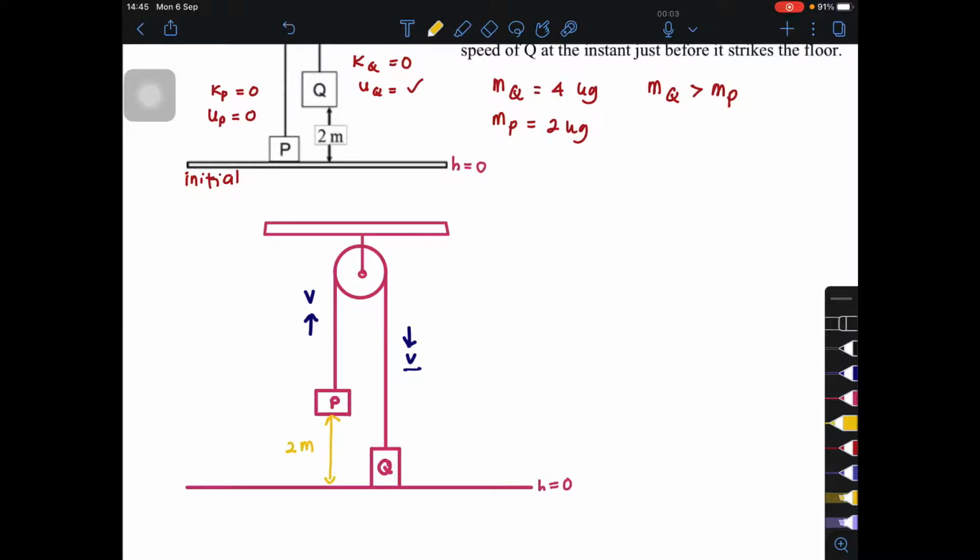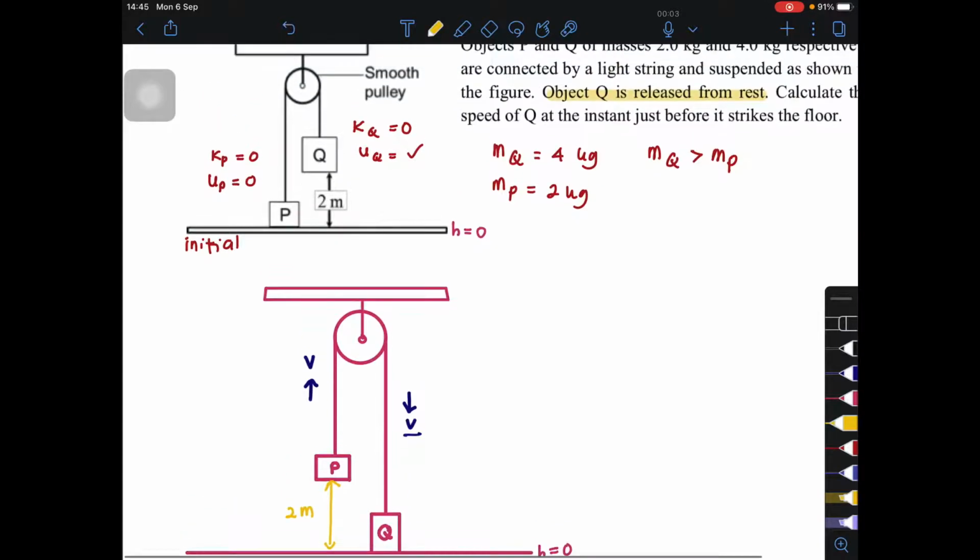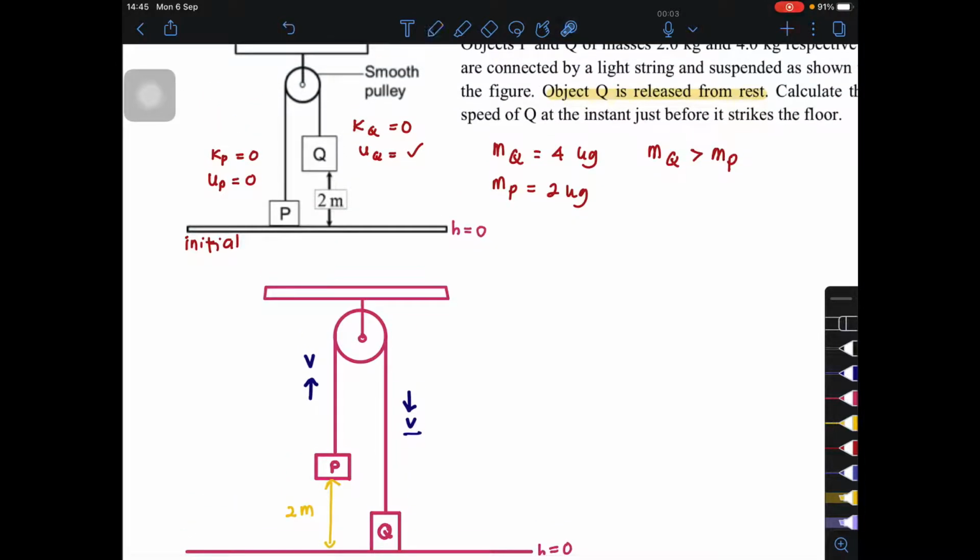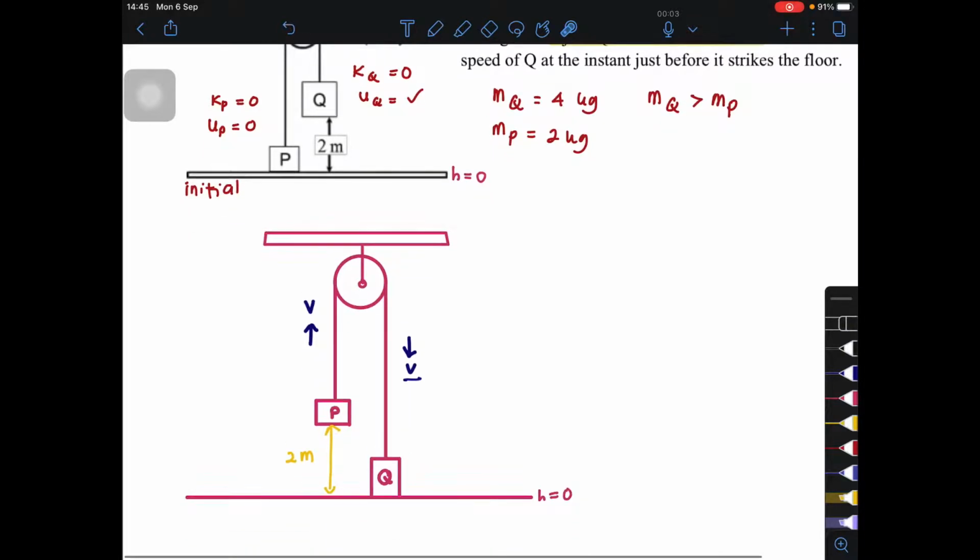And then what else? Now, since they are both connected with a string, they will have the same velocity, because if Q is moving, P is also moving with the same velocity. So the velocity is the same. It means we will have kinetic energy. So kinetic energy for Q, we do have it.